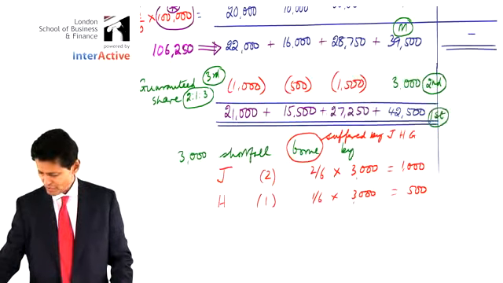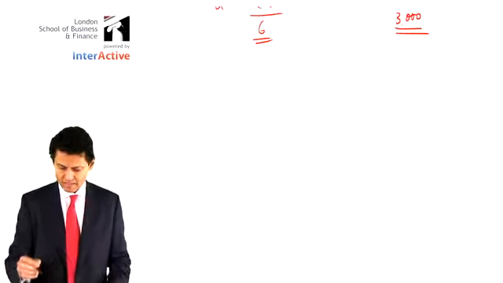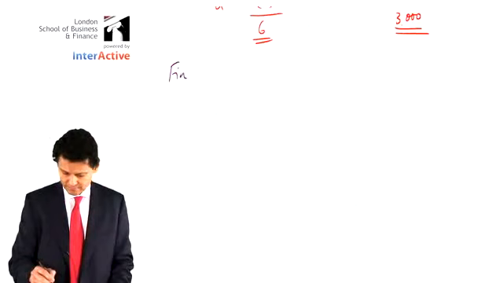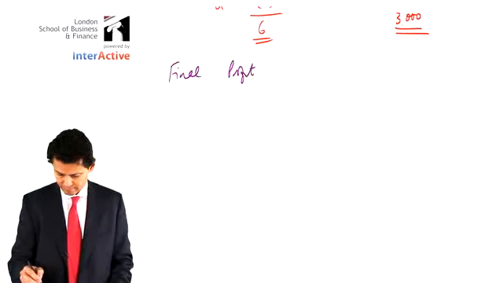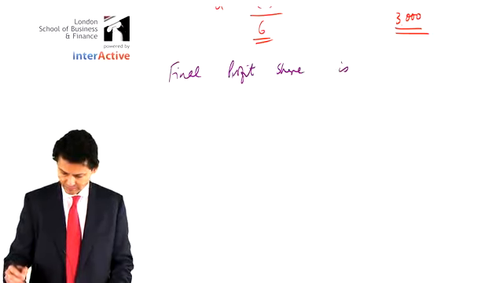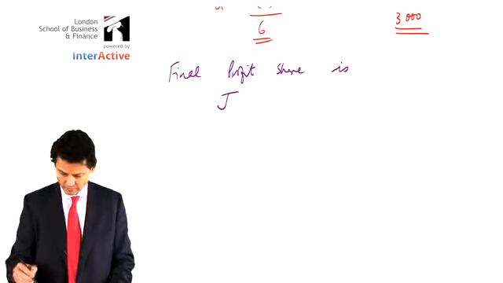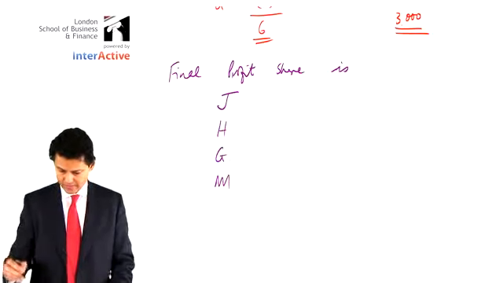So let's finish off by saying that. The final profit share is: Jason, Howard, Gary and Mark.